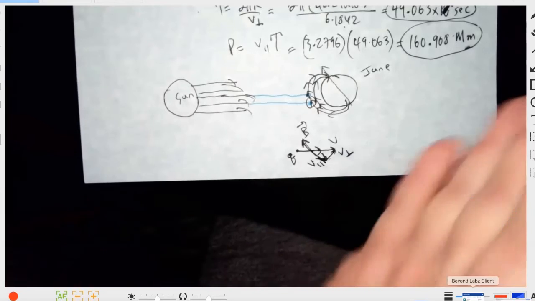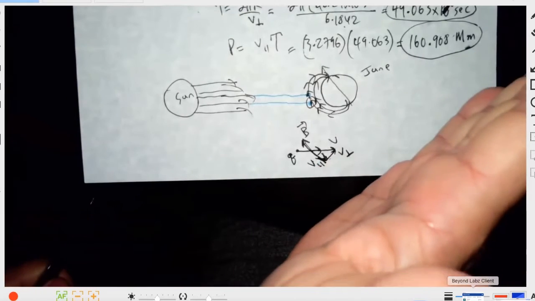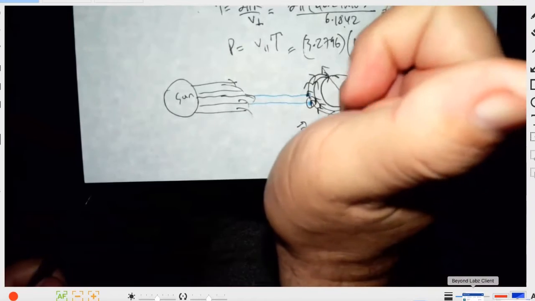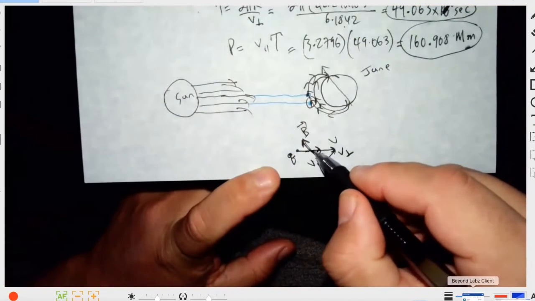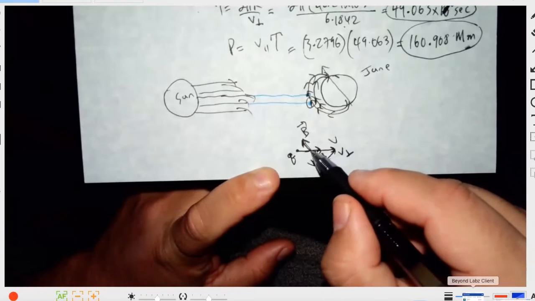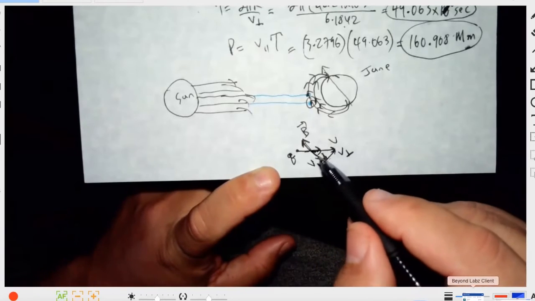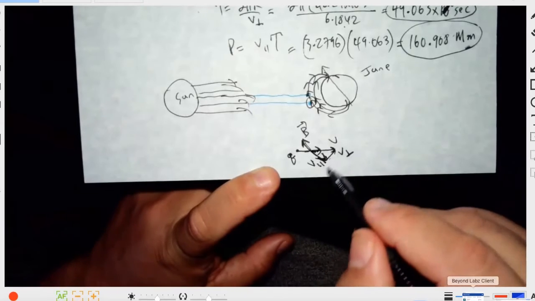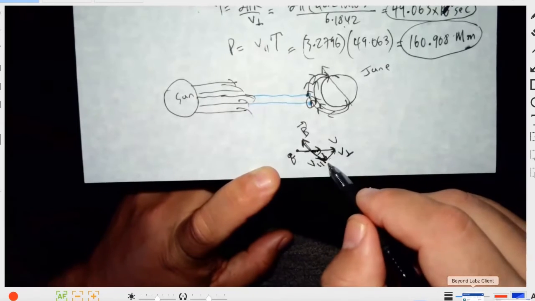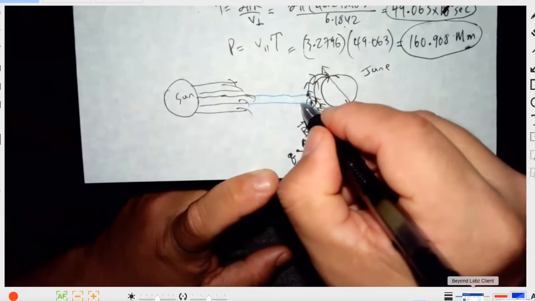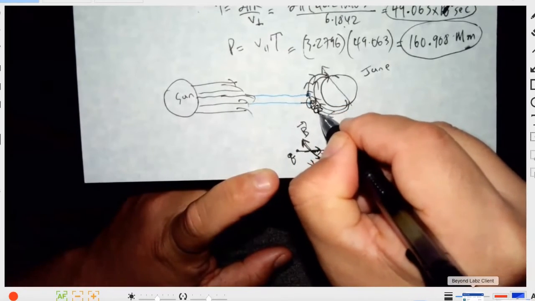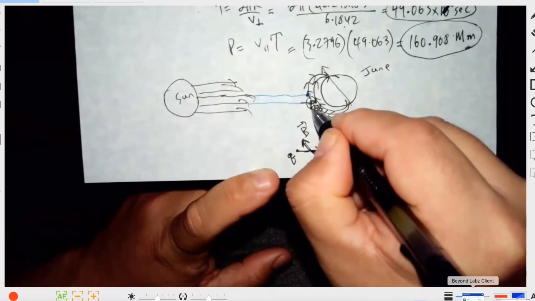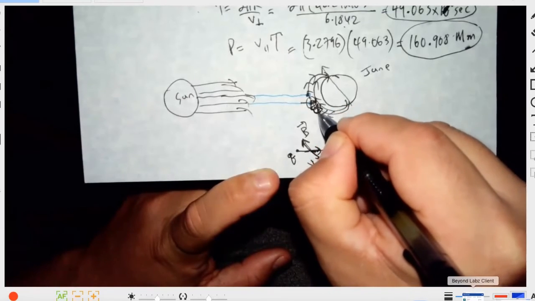Due to the perpendicular component, you do the cross product, V perpendicular crossed into B, out of the board. As soon as this charge enters the magnetic field of the Earth, it's going to come out of the board and go in. But the V parallel is unaffected, so it goes like this, out of the board, into the board.